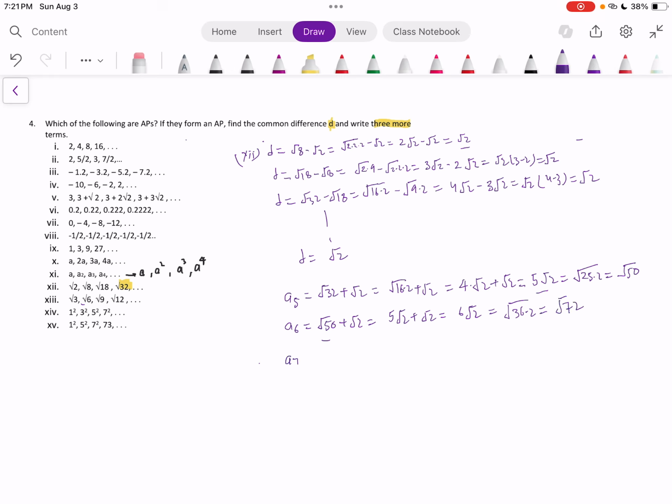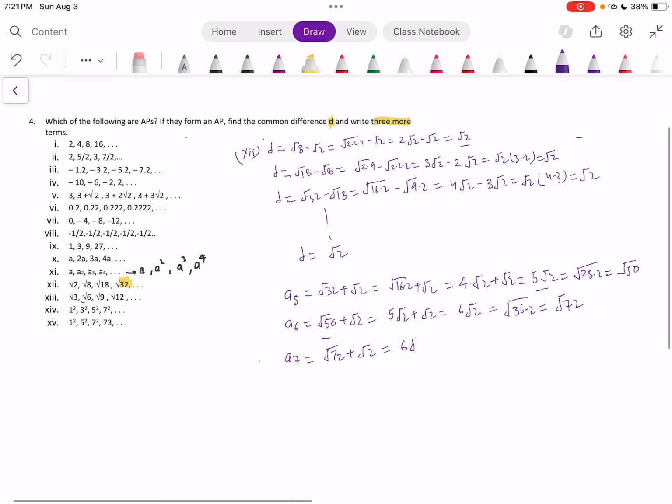Then a7 is going to be square root of 72 plus square root of 2. You know square root of 72 is 6 square root of 2, 6 times square root of 2 plus square root of 2. So it is going to be 7 times square root of 2. Now move 7 inside. It's 49 times 2. It's going to be square root of 98.